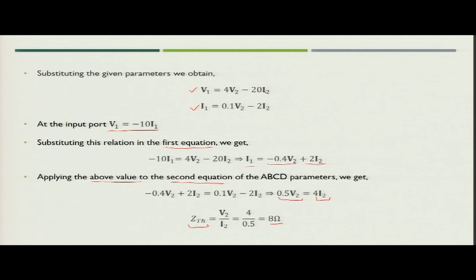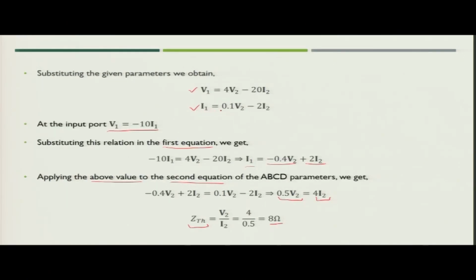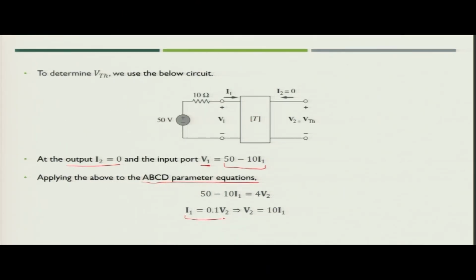because V1 is equal to 4 V2 and we set I2 equal to 0. So, V1 is now 4 V2, and next is I1. I1 is again 0.1 V2, because I2 is equal to 0. So, you get another equation, I1 is equal to 0.1 V2.